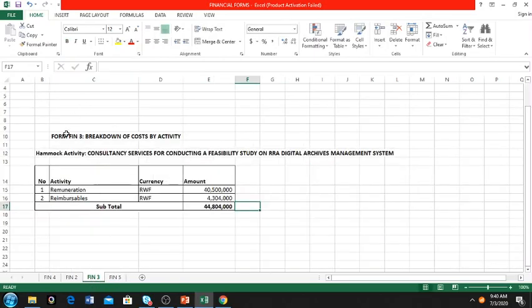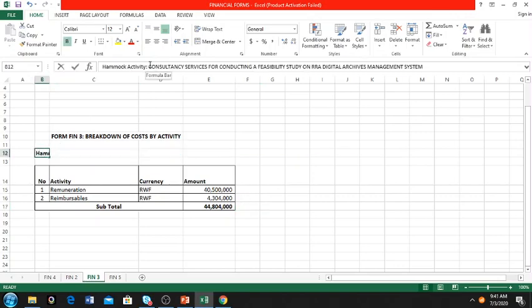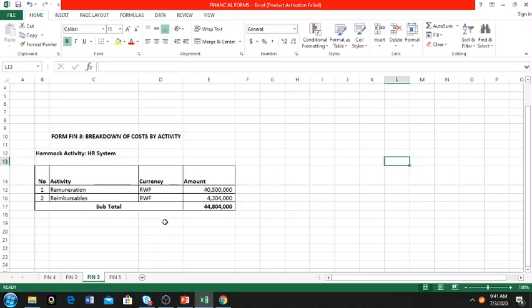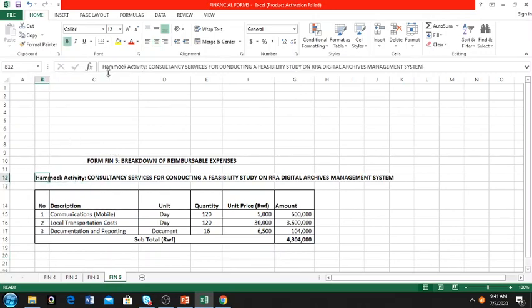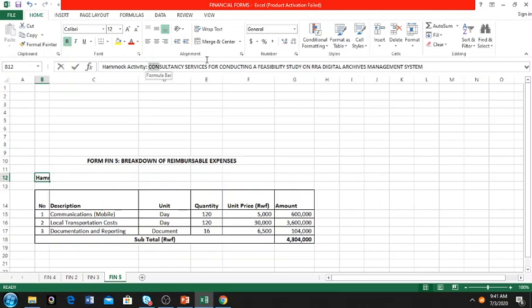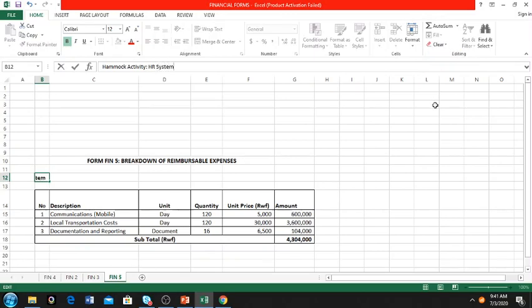Here we have an HR system, and then another HR system.